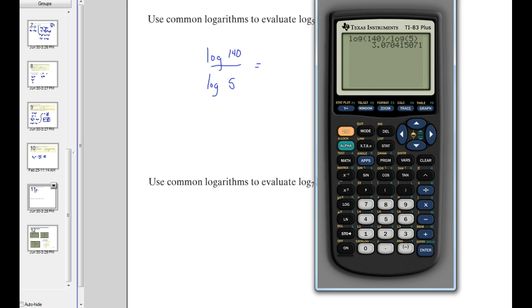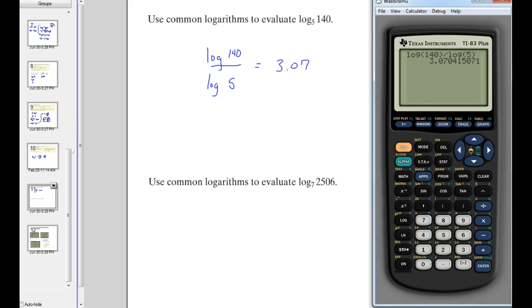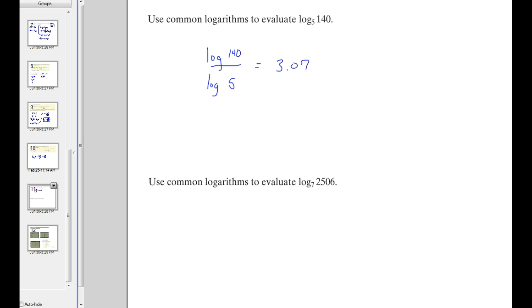So 3.07 roughly. And again, what is that? That's what I need to raise 5 to get 140. So if I raise 5 to the 3.07 power, now I'm approximating, I rounded, I get really close to 140. You need all the decimal places, the whole entire thing, to be exact. But if you round it, you'll get something really close.